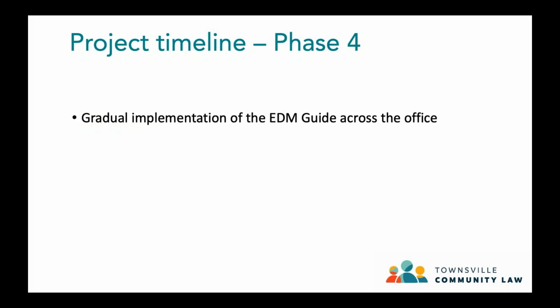And phase 4 there. So after we created the guide, we've done some training. We gradually implemented the processes across the office. Now I'll emphasise that it was gradual. We transitioned each staff member one by one individually. So we used a one-on-one shadow model.